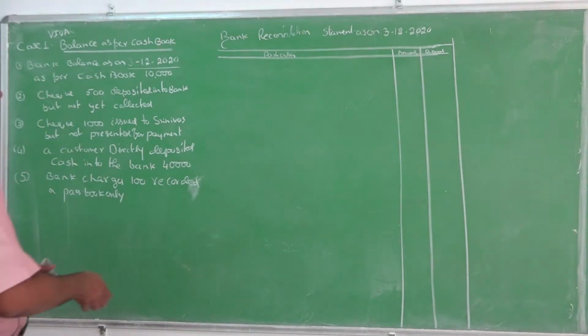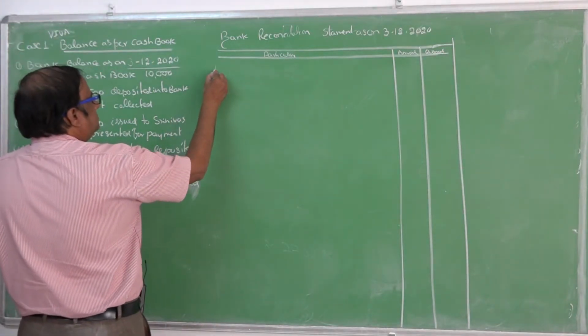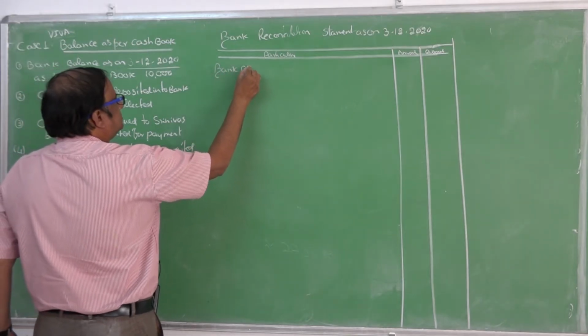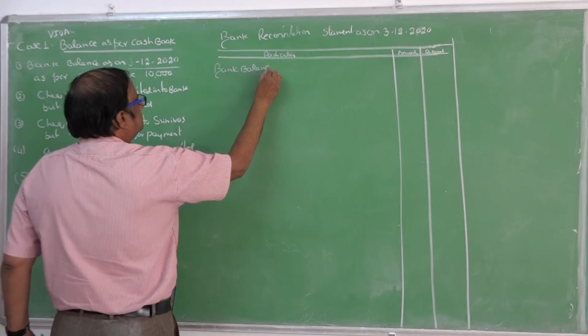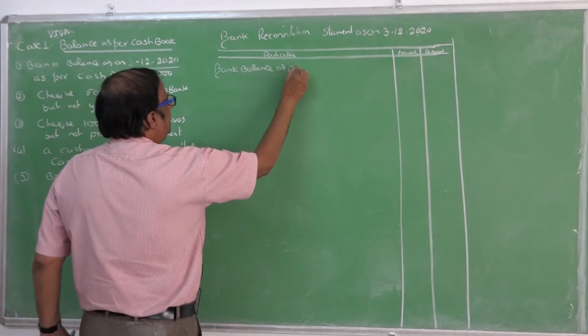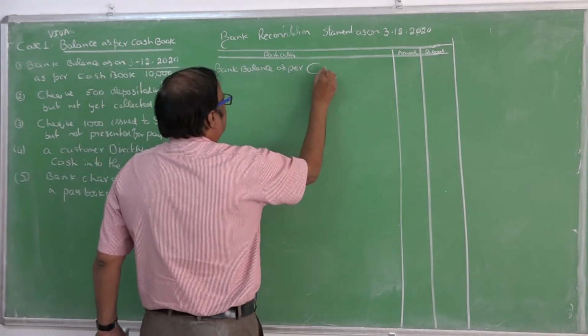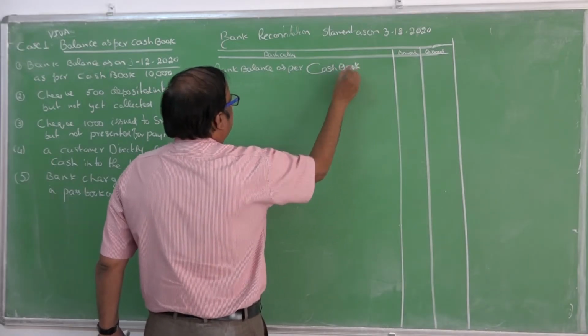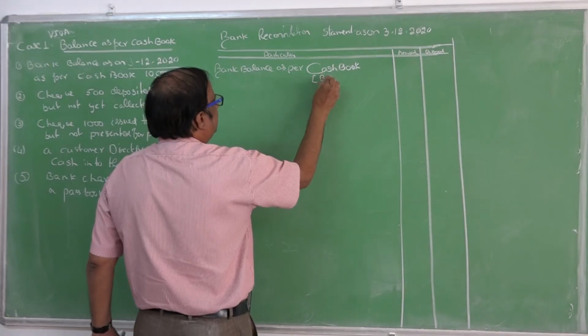Okay, now here I write down bank balance as per cash book. Cash book, which column? Bank column.